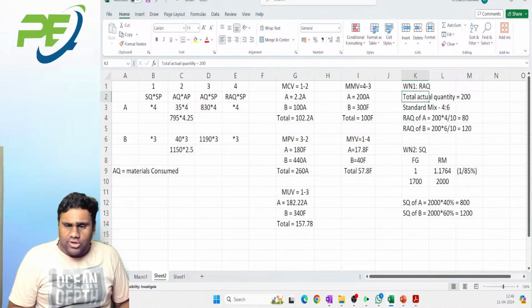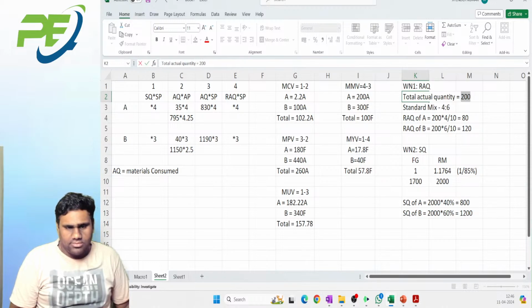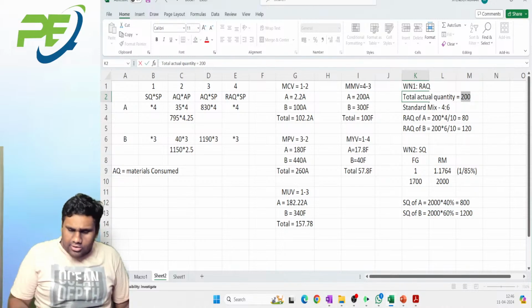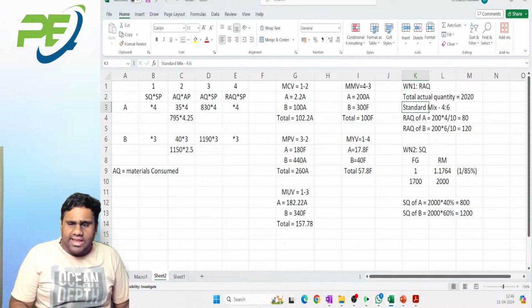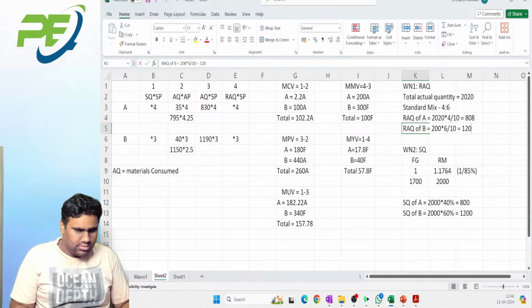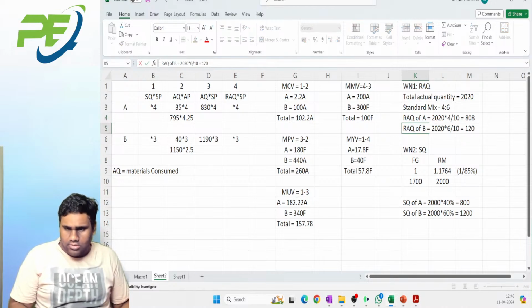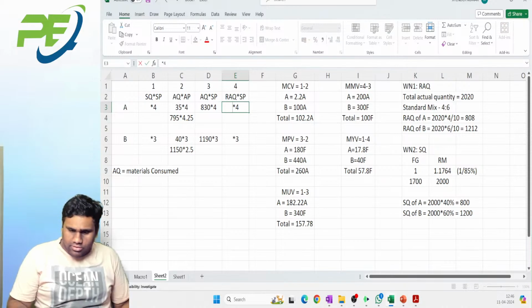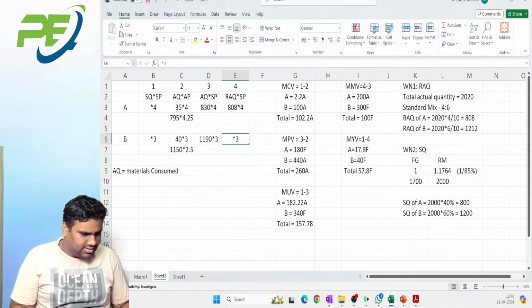RAQ, so total actual quantity 2020. Standard mix 4:6, so 808 and 1212.